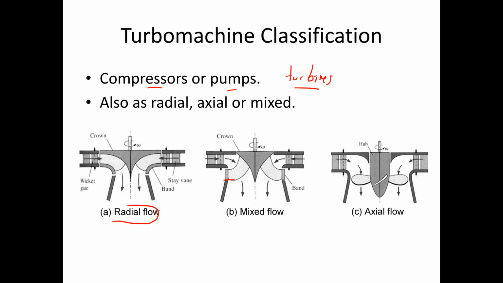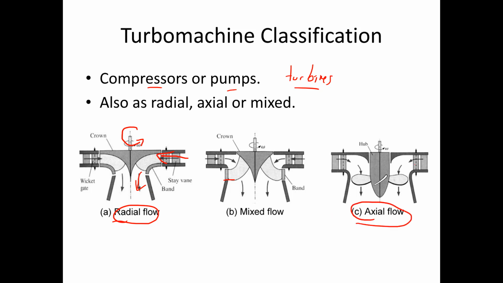So we have radial flow turbines, which basically means that the fluid comes into contact with the turbine blades in a direction that is perpendicular to the axis of rotation of the turbine, or in a radial direction of the turbine. So then the fluid comes in, it makes contact with the turbine blades, and then it gets directed out in the axial direction after it exits the turbine.